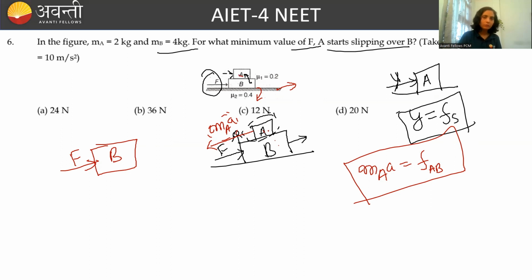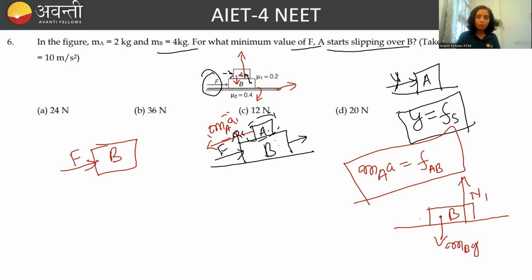If you see carefully, if you draw B, the gravitational force mBg acts in the downward direction, and one normal force will act on B because of this. And another, A will apply a force here in this direction, and similarly B will apply a force on it in this direction.